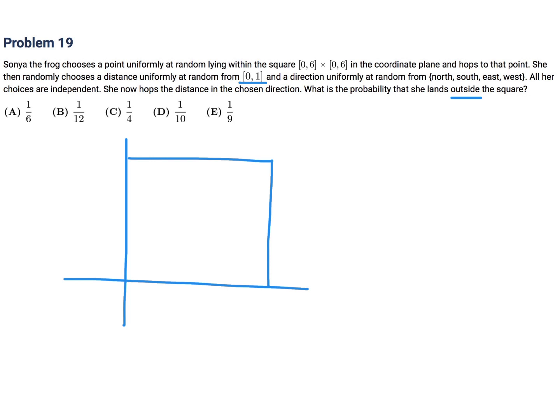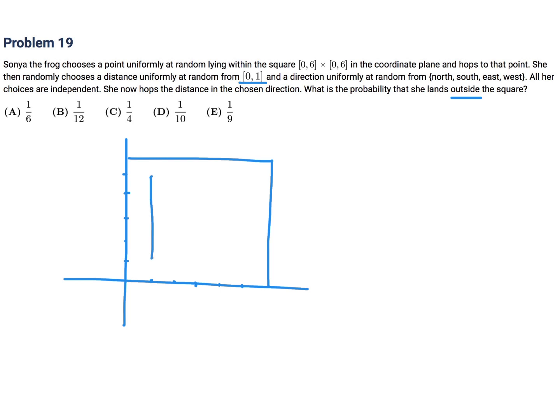So let me draw that. Let me just see if I can attempt to draw this to scale. 1, 2, 3, 4, 5. Not perfect, but it's okay.